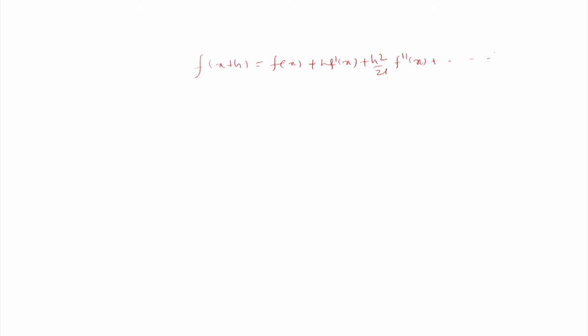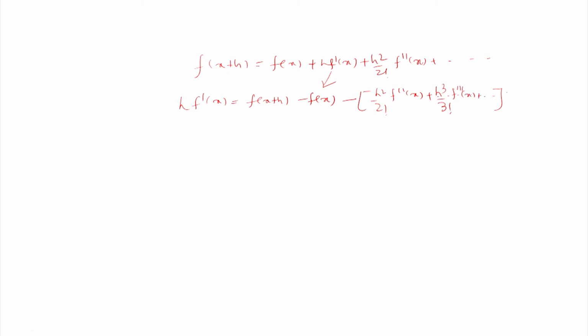And if we want to find, suppose, f dash of x here, then we can just write h f dash of x as f of x plus h minus f of x minus h square by 2 factorial f double dash of x plus all other terms here, that means h cube by factorial 3 f triple dash of x plus all other terms.